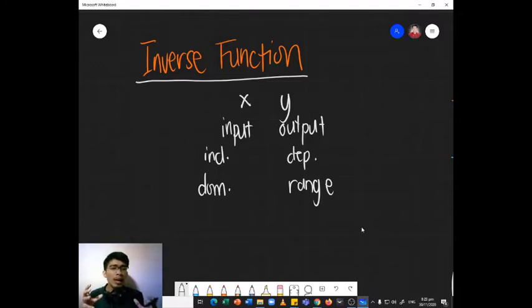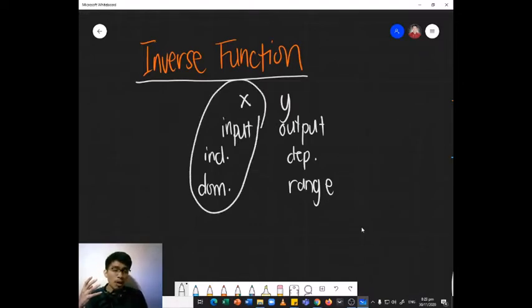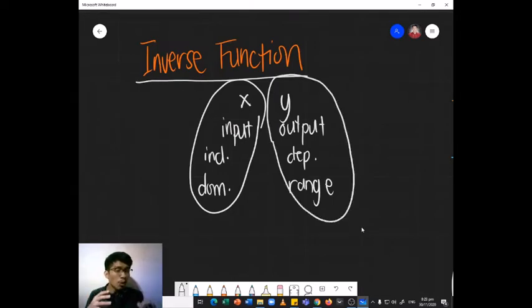When we say inverse of the function, we are simply referring to the interchange of the roles of these variables. The role of x before was the independent variable, so this will now act as our dependent variable. Also, the original role of y was the dependent variable.